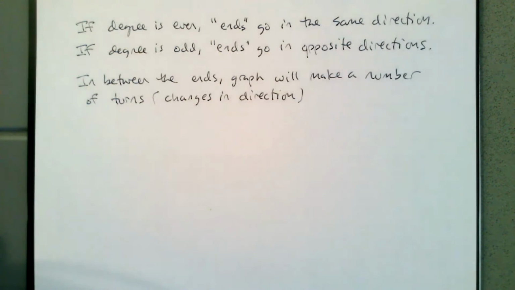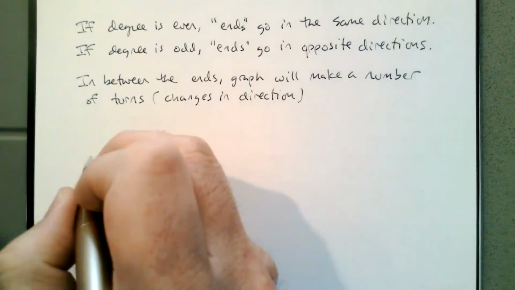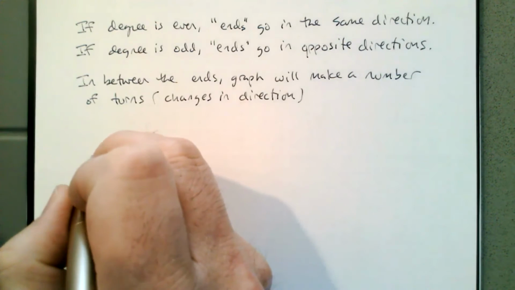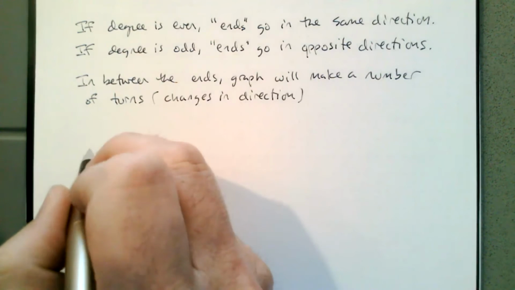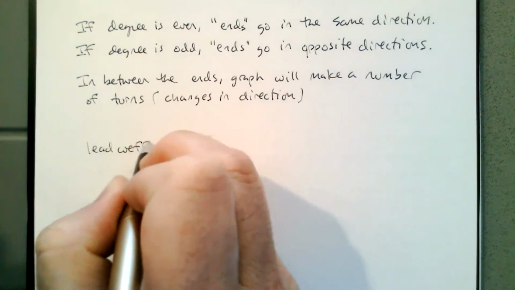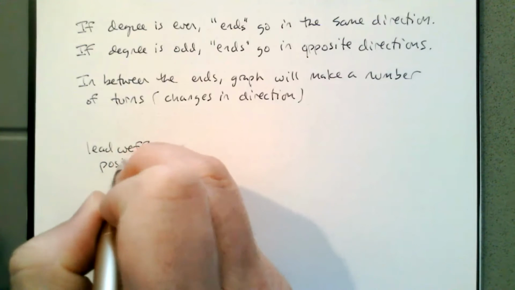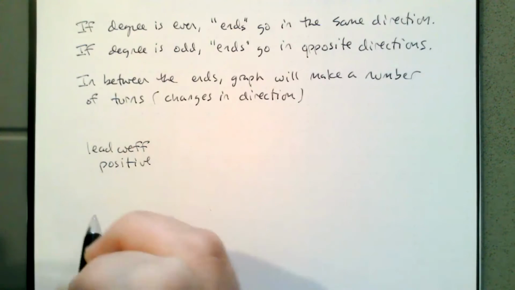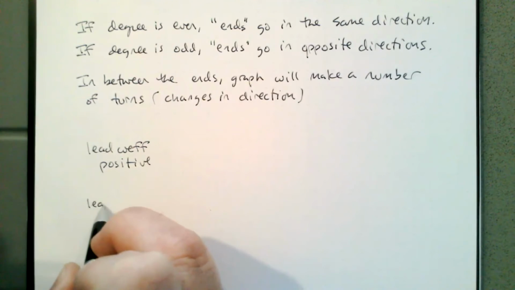So this gives us 4 possibilities for what the ends are doing. We could look at the leading coefficient, which can be positive or negative.